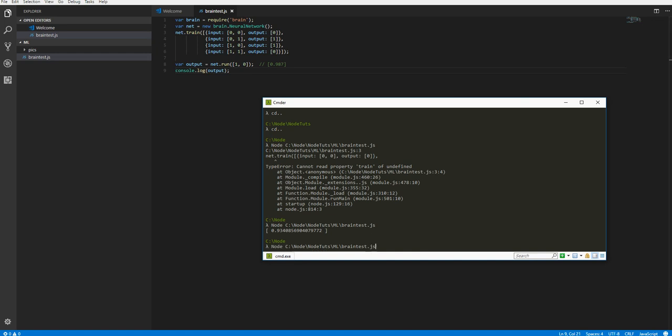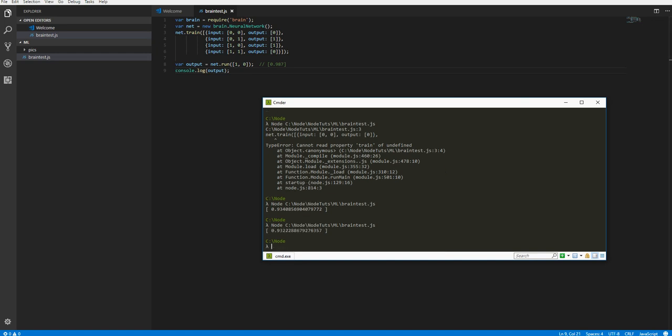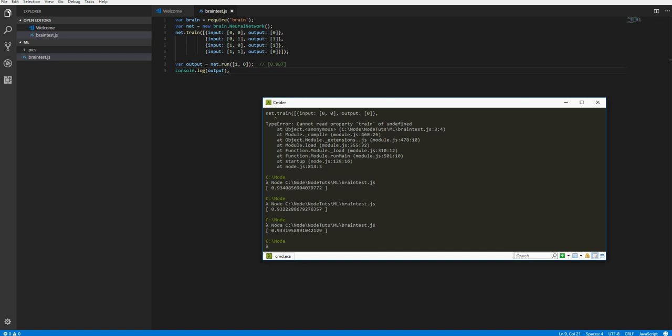For example, let's see. You see that? I believe that this is really artificial intelligence, because the threshold sometimes changes by a small gap.